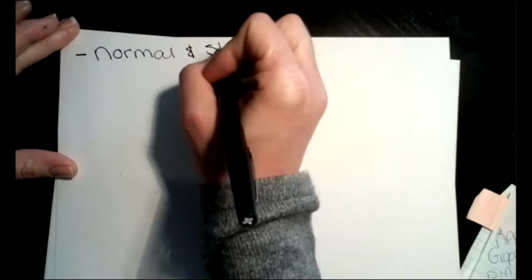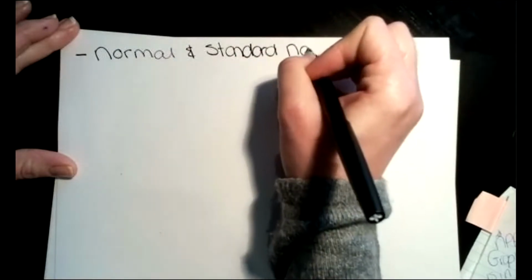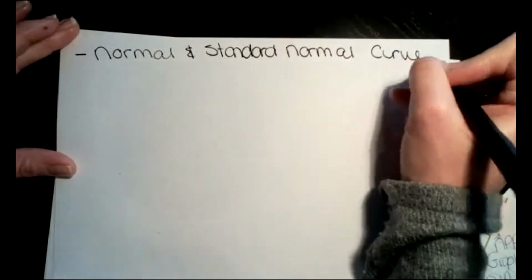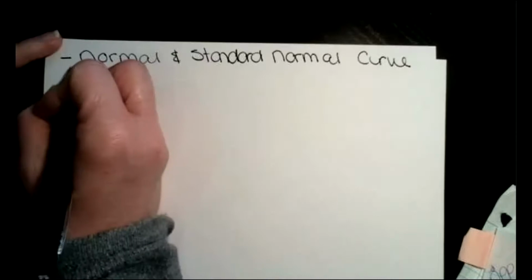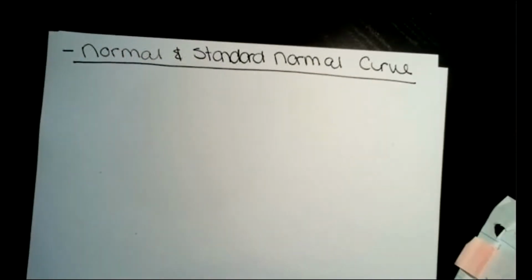There we go. Okay, so normal and standard normal curve. This was what chapter 7 was all about.